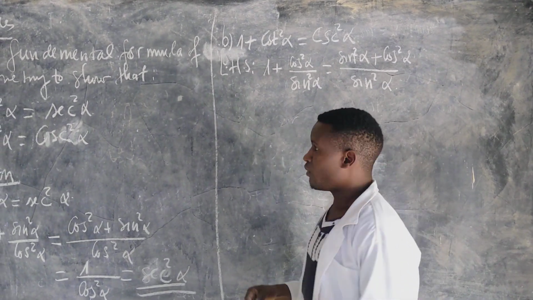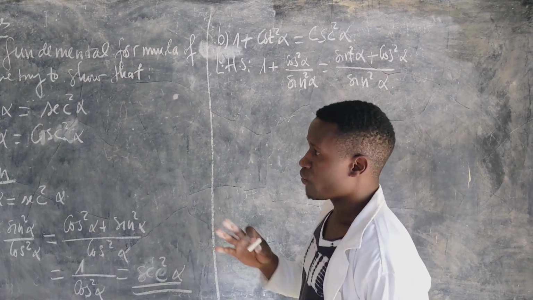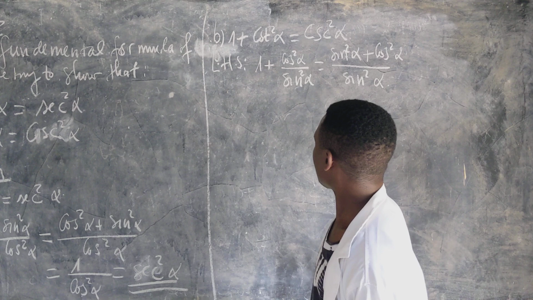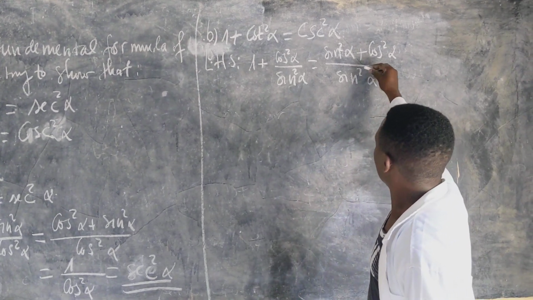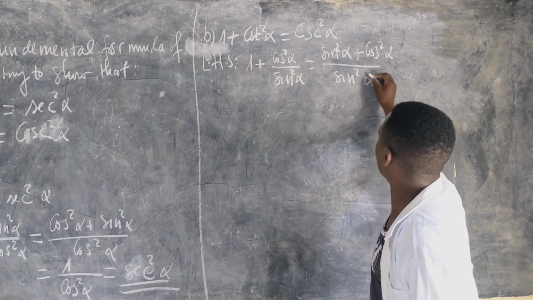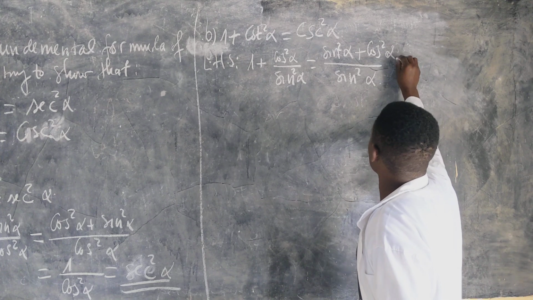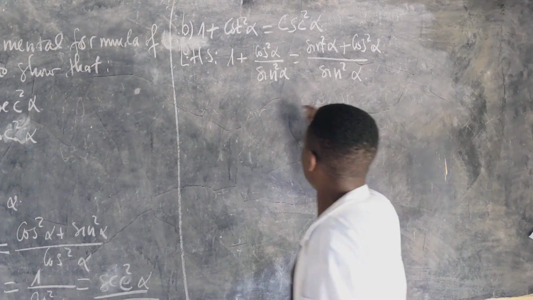Also, from the fundamental relation of trigonometry, we have seen that sine square plus cosine square is equal to 1.